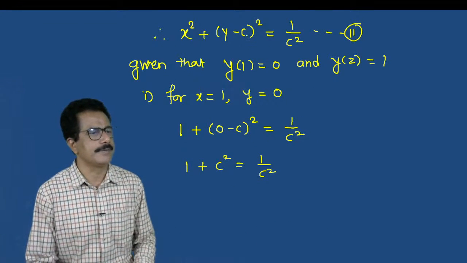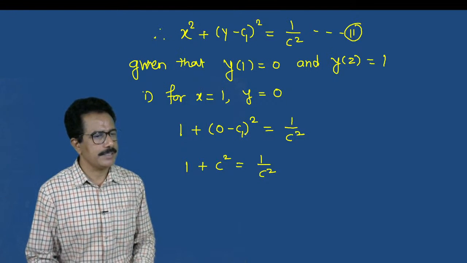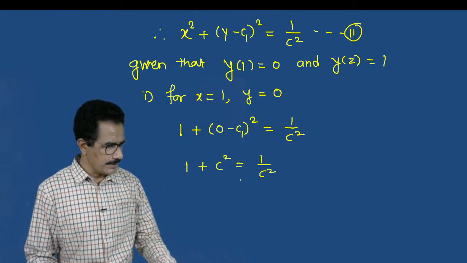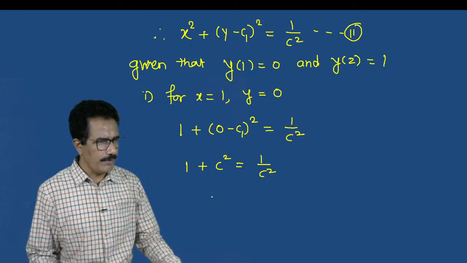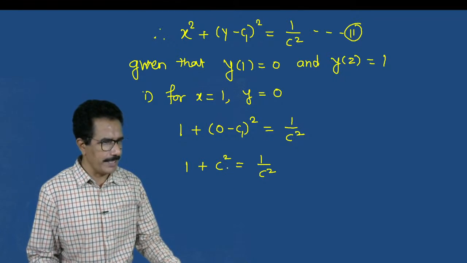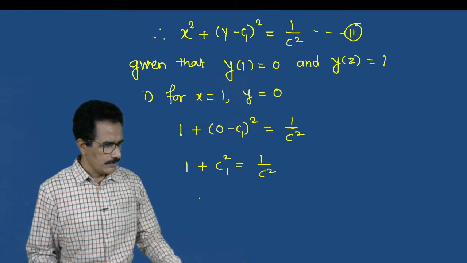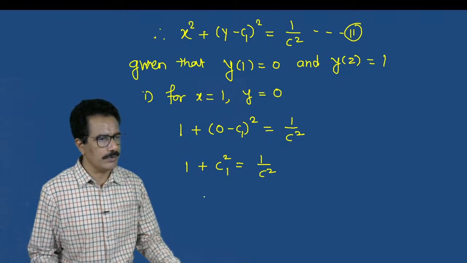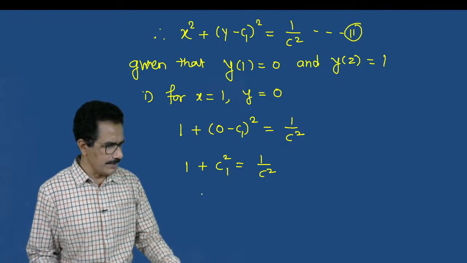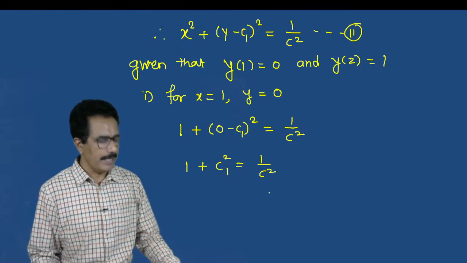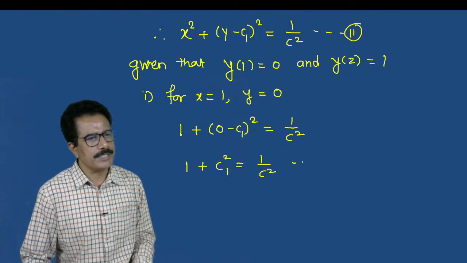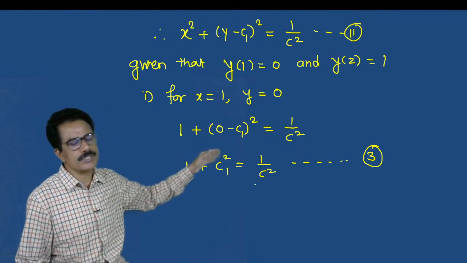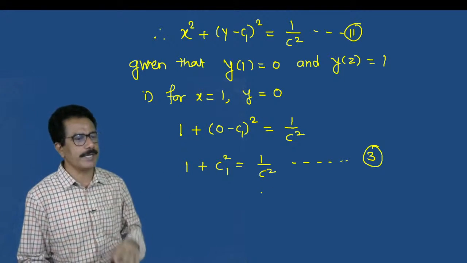Okay, this is a C1, 1 upon C1. So we can write this as C1 square. So 1 plus C1 square is equals to 1 upon C square. Suppose this is equation number 3.